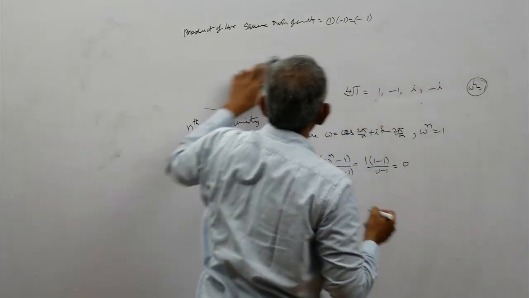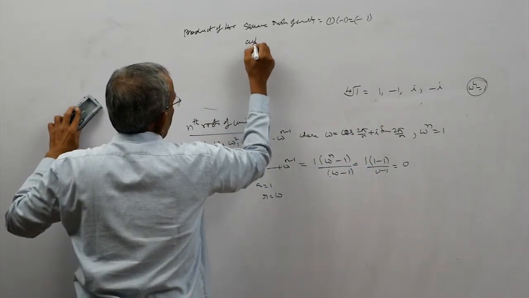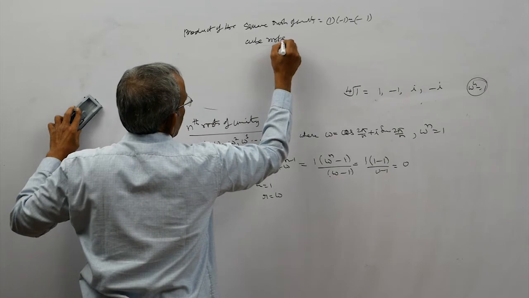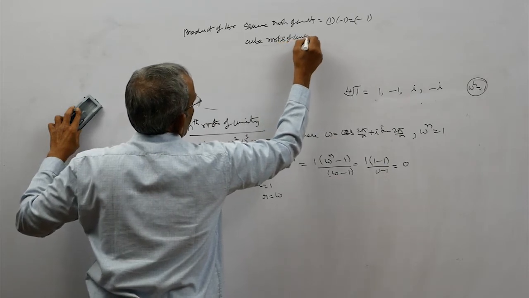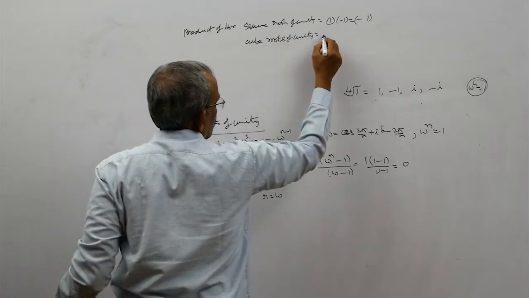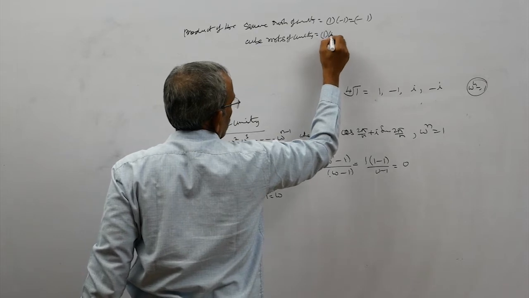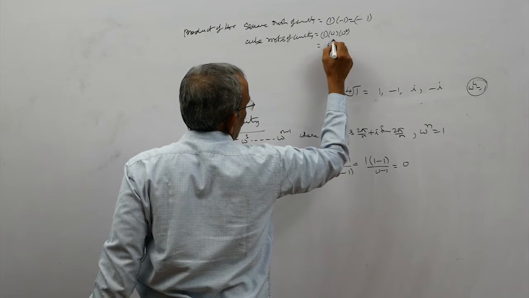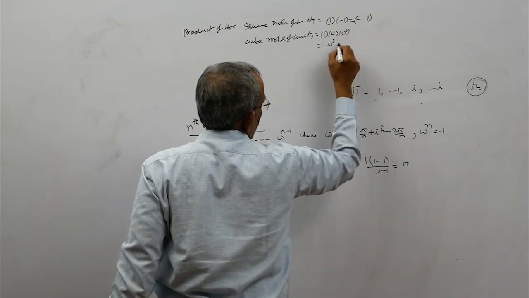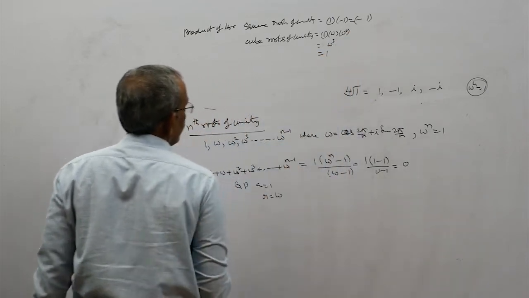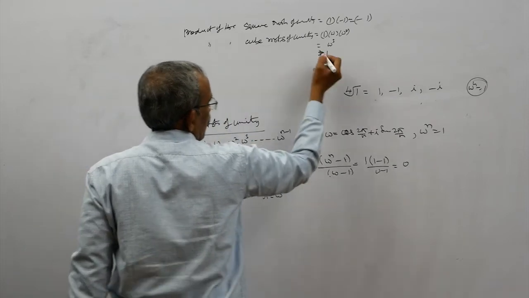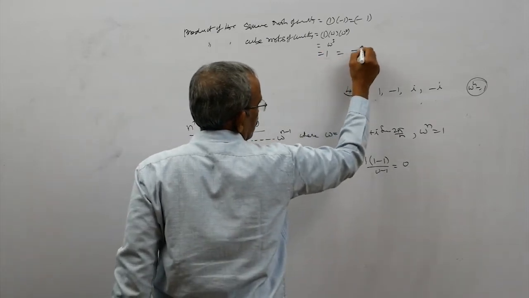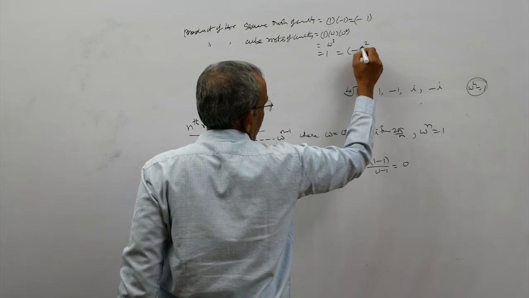Next, the product of the cube roots of unity is 1 into omega into omega square, that is equal to omega cube, which is equal to 1. This can be written as minus 1 whole square.